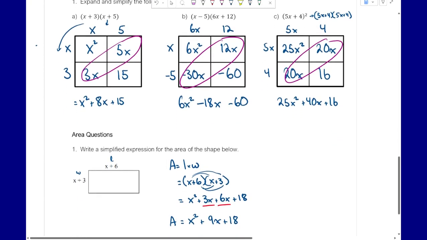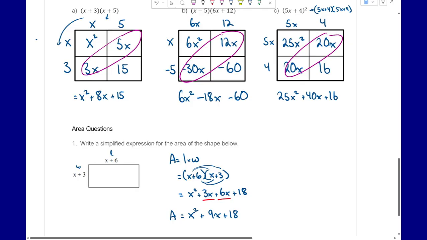And then we looked at how we can have some area questions that use this concept. So even if it is a review from last year, just make sure you are comfortable with multiplying two binomials. It is something you are going to have to do when we move further on with our quadratics unit.